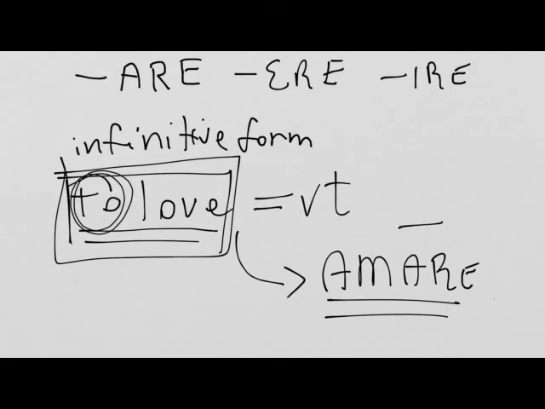We separate the two parts, the last three letters, the ending, -are, and all the verbs that end with -are belong to what we call the first conjugation.